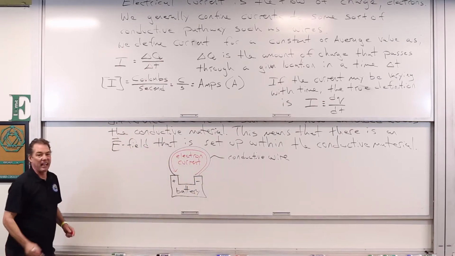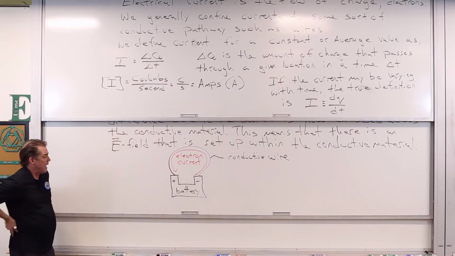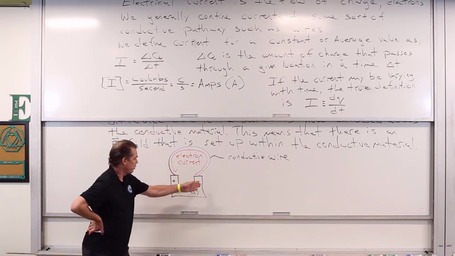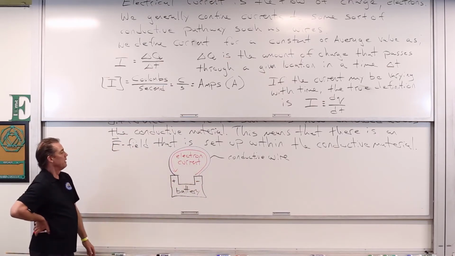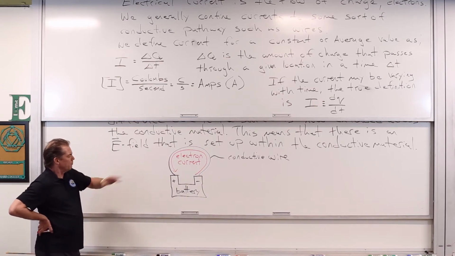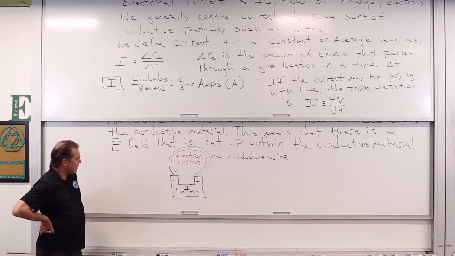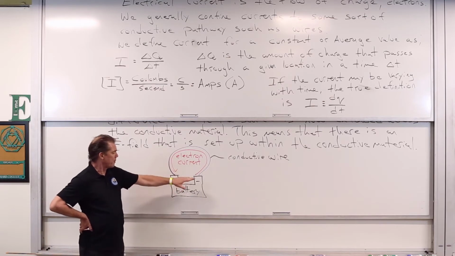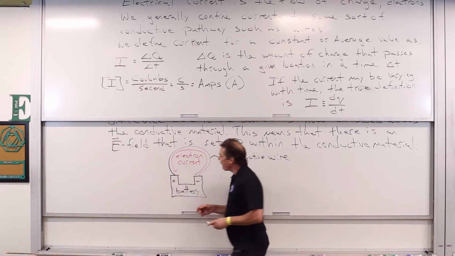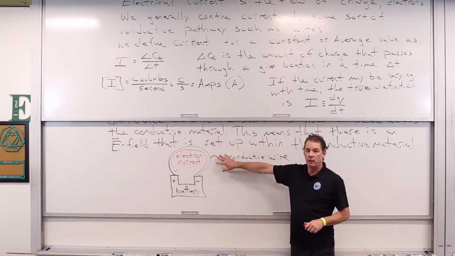That is the electron current. And it goes from the minus potential, or from low potential to high potential. That's it. So, depending on the potential difference across the terminals, we will get varying amounts of current.